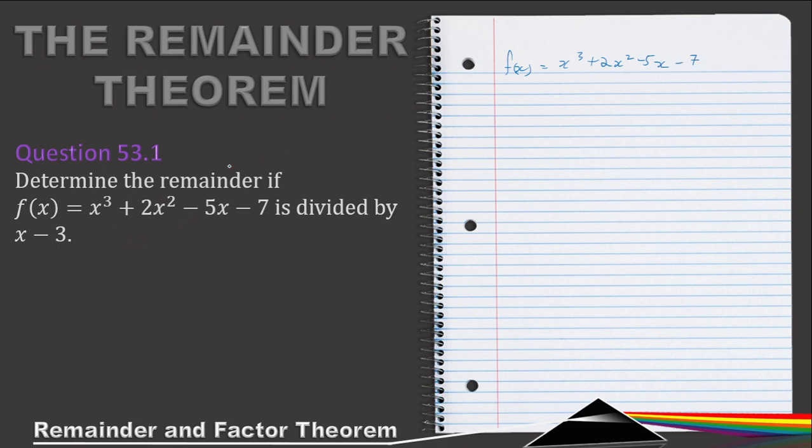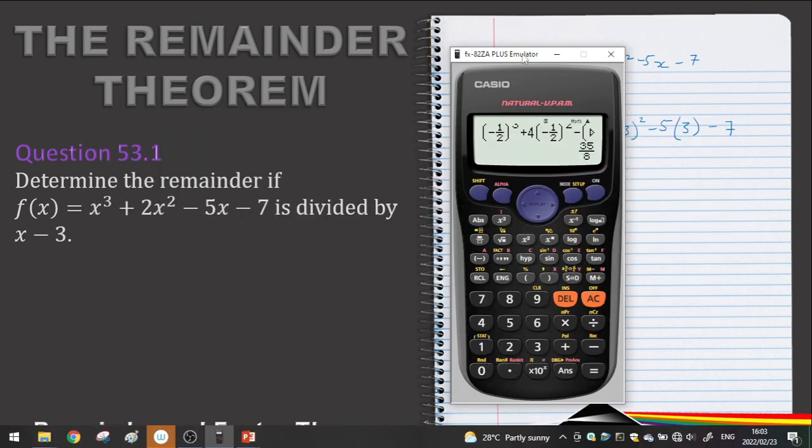I have x minus 3, so if this is 0, then x will be equal to 3. If I substitute it in, that's 3 to the power 3 plus 2 times 3 squared minus 5 times 3 minus 7. This will then give me my remainder.